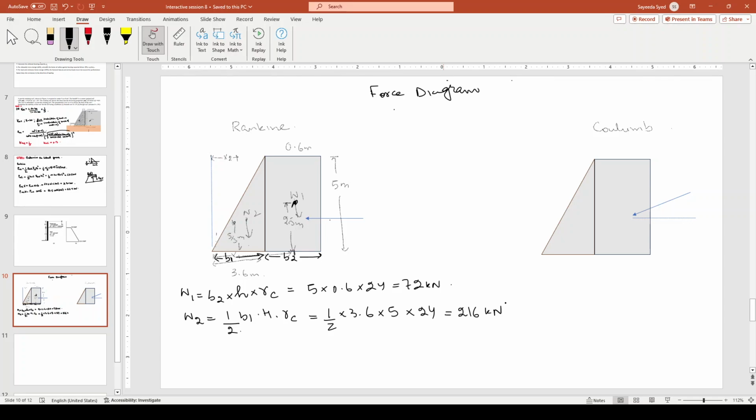Now let's calculate the locations of the resultants. Let this be the overturning point that we want. We know that from the base, this will be 2.5. And this will be 5 by 3.